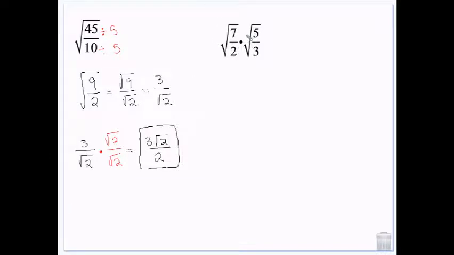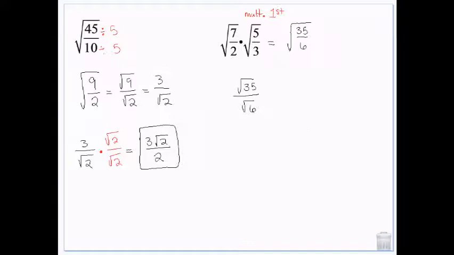If I have multiplication and I have fractions under the radical, I want to do that multiplication first. Okay, so this is going to give me 35 over 6. This won't reduce. So I'm going to do the square root of 35 over the square root of 6.